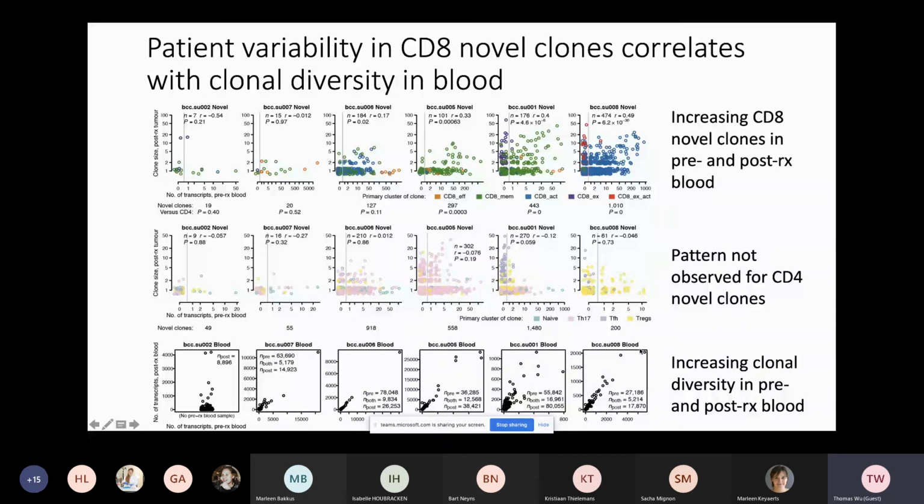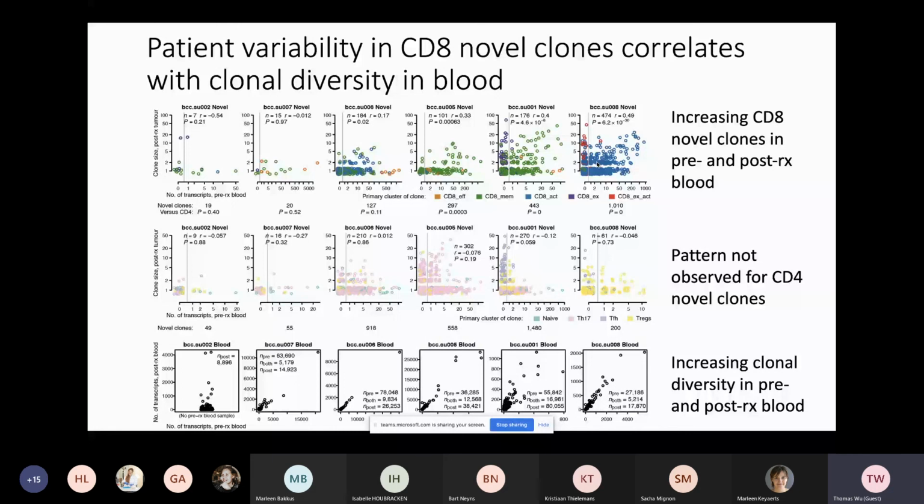But really, you can see by the number of dots and their distribution along the diagonal that there's more clonal diversity in these patients that had a lot of novel clones in the blood before treatment, and then seeing these same novel clones in the blood, in the tissue after treatment. So it does appear that this increasing clonal diversity is driving the infiltration of novel clones into the tissue.